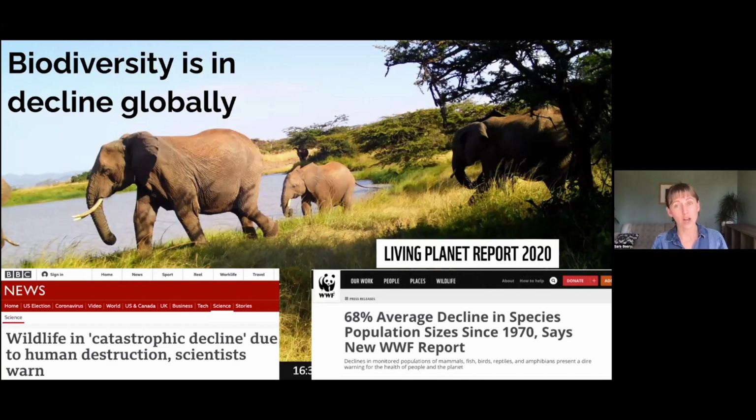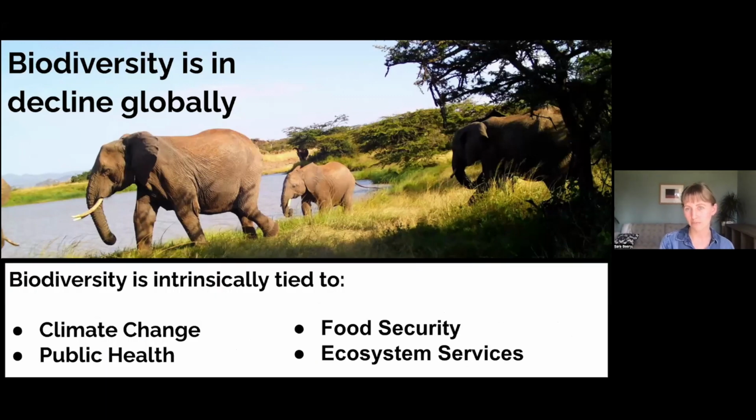We've seen drop-offs in wildlife species at faster rates now than we were seeing during the last extinction of the dinosaurs. And we've actually lost, according to World Wildlife Fund, around 68% of our animal populations on average since just 1970. This matters for us as a human society because biodiversity is intrinsically tied to things like climate change and public health.